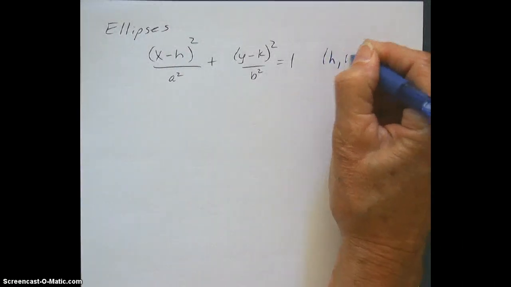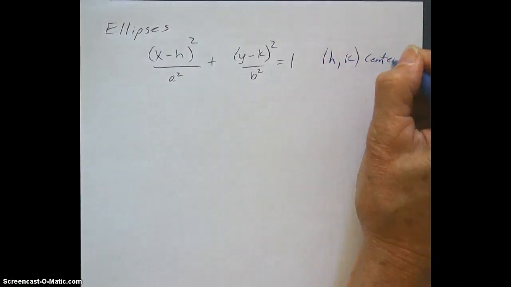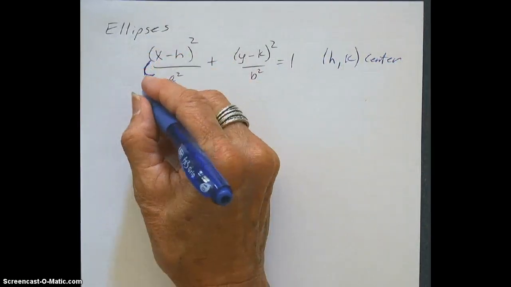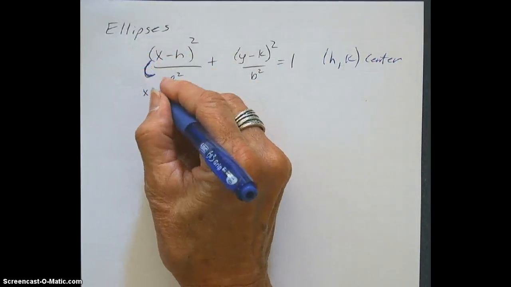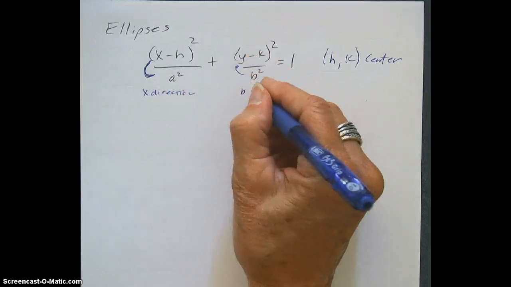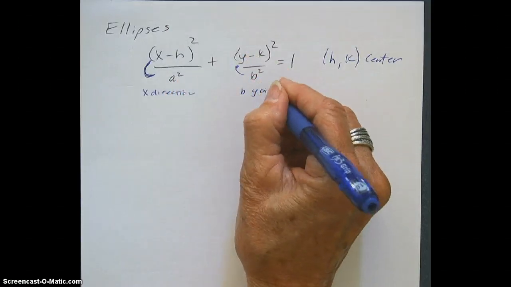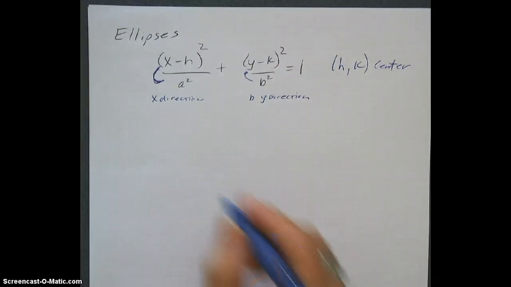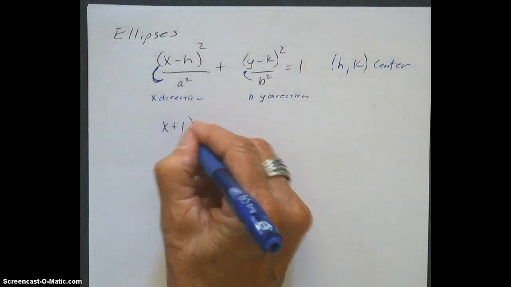The center will be (h, k). Remember that a is the distance that we'll move in the x direction because it's underneath the x. b is the distance we'll move in the y direction because it's underneath the y. So one thing that you'll need to do is graph an ellipse.